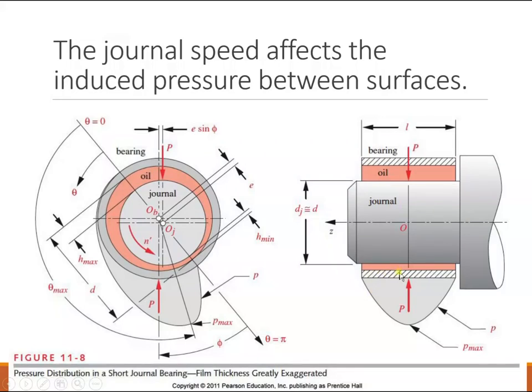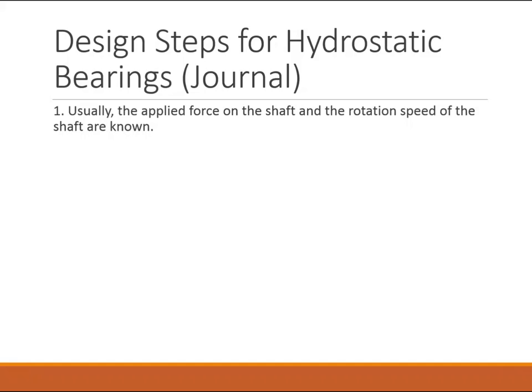And we can see that there is a theta max that produces a P max, which is the maximum force being exerted on the journal. We also can see across the width of the journal that the maximum P is exerted right there in the middle. This is going to help us find the maximum pressures, and that's what we're looking for.